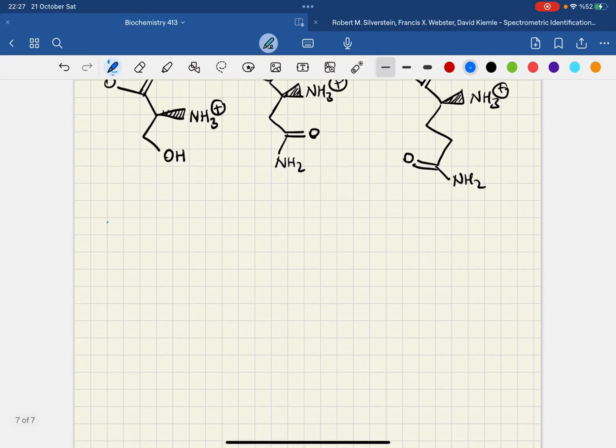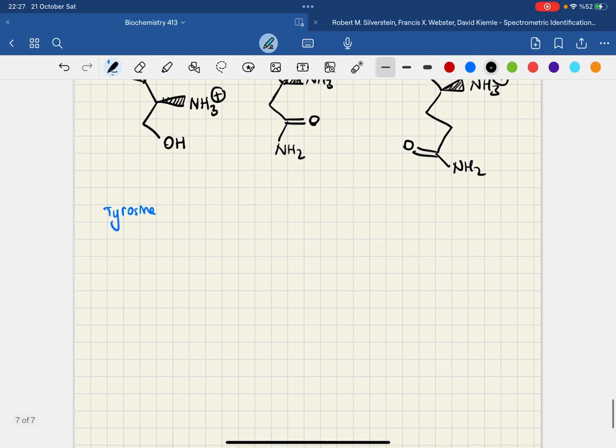We have tyrosine, and let me just write its properties, and O, and we have the negative charge over here, and then we have our NH2, and then we have our one carbon, and then we have our phenyl group with an OH attached.